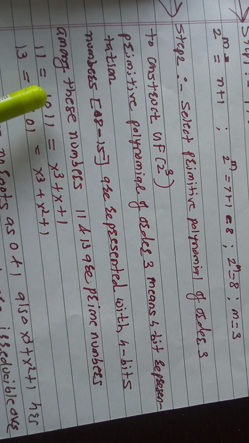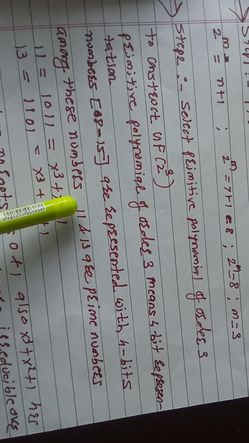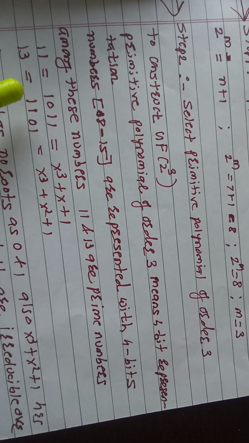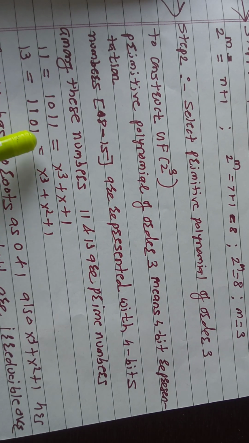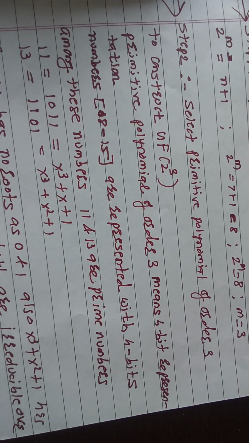In polynomial form, this corresponds to x cube, x square, x and 1. So 0 is there, so x square is not there: x cube plus x plus 1. Here, x cube plus x square plus 1. This is the polynomial representation of these numbers.